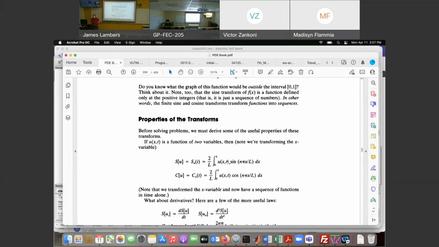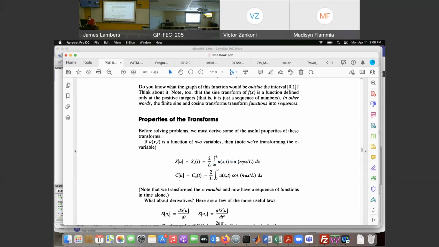So you know how to handle that for UT and UXX. And now you take a finite sine transform of the source term also. And that's where this formula would apply.